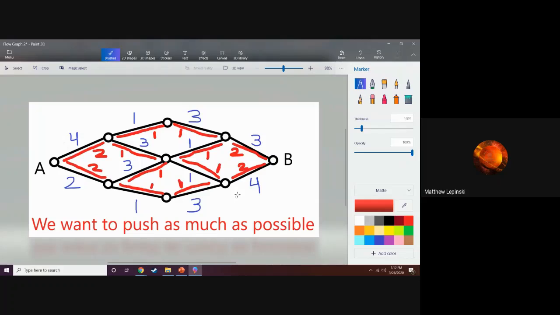So the optimization problem that I'm trying to solve here is to figure out what is the best flow? What's the best way to send my water through the system so that I get the most water going from A to B?